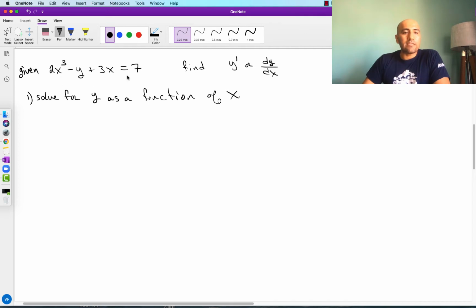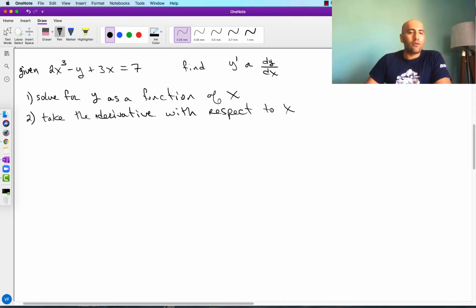This one's very easy to do. Once we've done that, then we'll take the derivative with respect to x. Let's apply those two rules here.